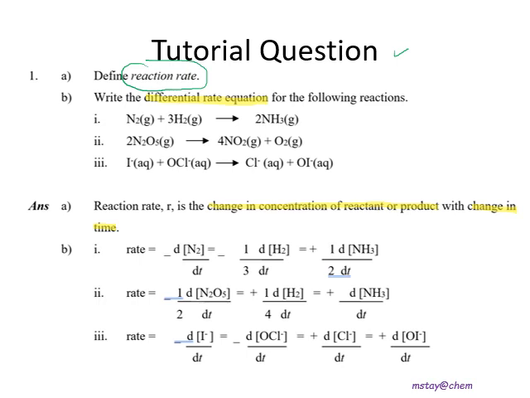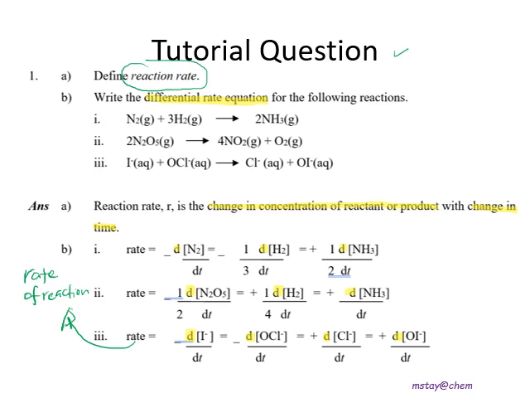When you want to write the differential rate equation, like in mathematics, you will always see there is a d in the equation. And then the rate over here basically refers to the rate of reaction.